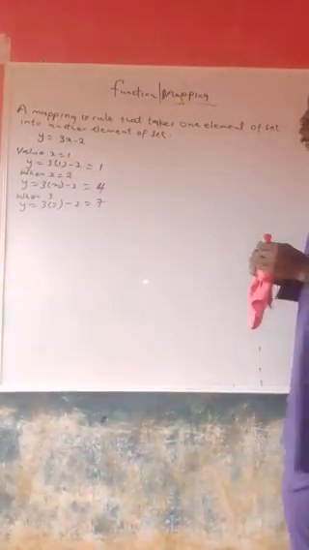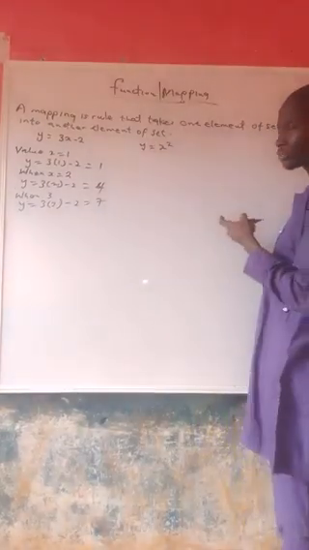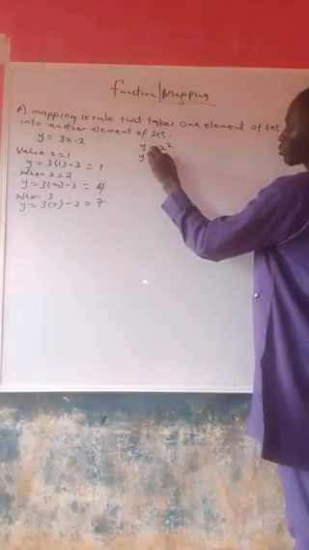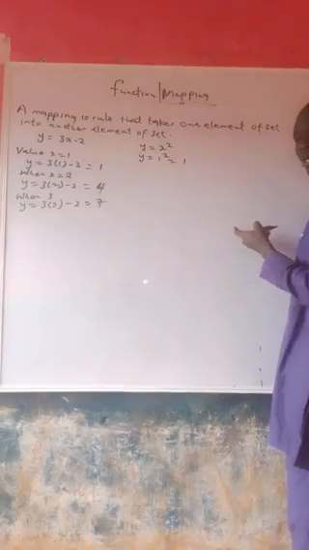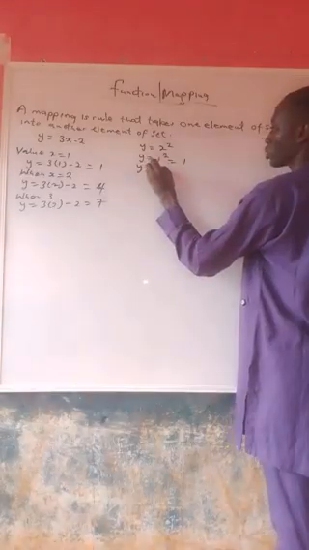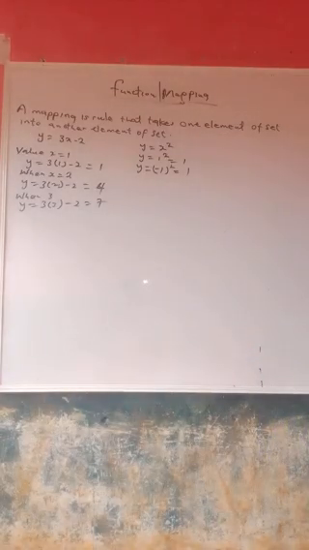Although sometimes, assuming I'm having y equals x squared, when the value of x is 1, I'm going to have 1 squared, which equals 1. When the value of x is negative 1, I'm going to have y equals negative 1 squared, which is the same thing as 1. This is still a function.